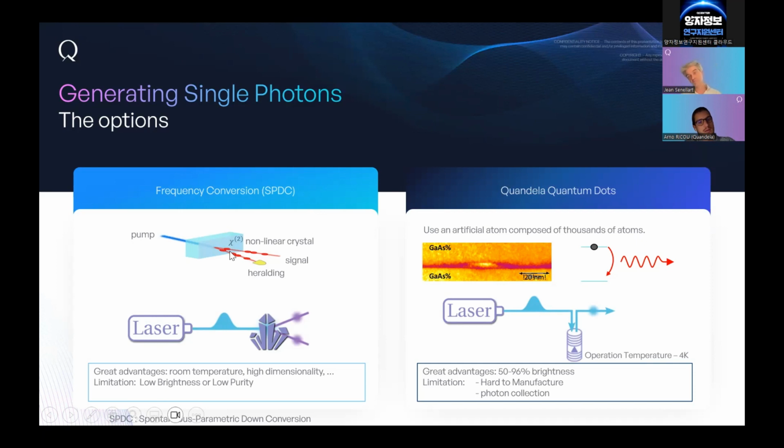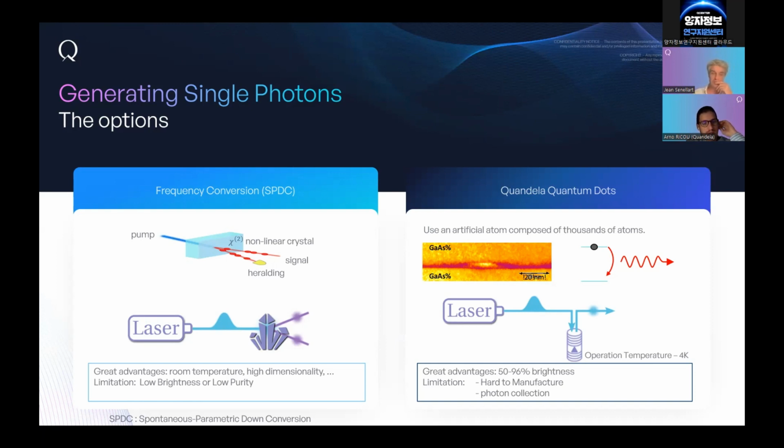One will be used as a herald signal, as a herald photon, in order to declare that we have another photon coming out at the same time, and we will use the signal photon in order to do quantum computation. This approach's advantage is the fact that it can be done at room temperature.